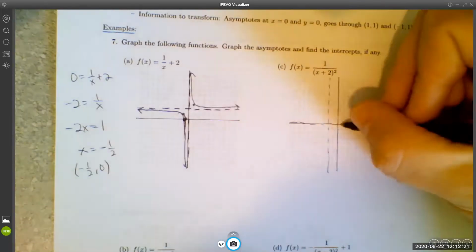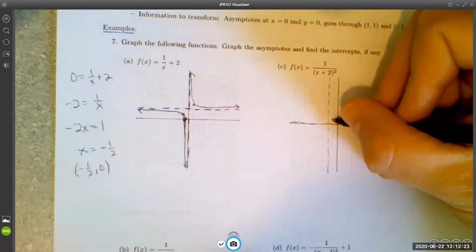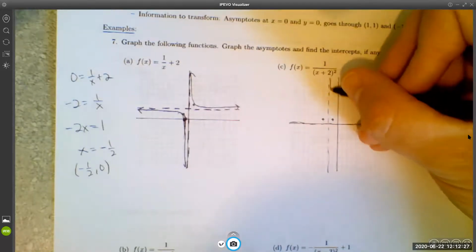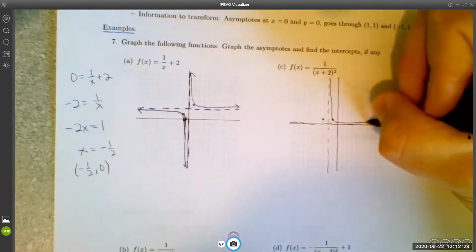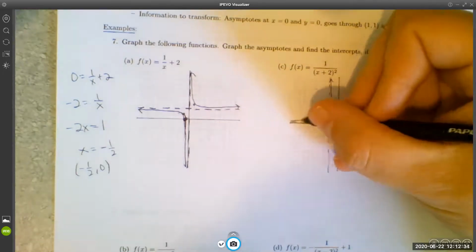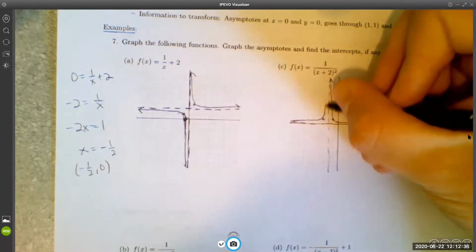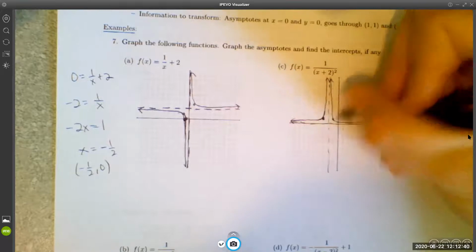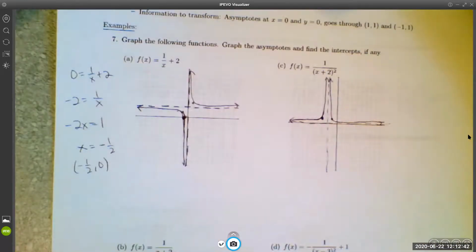But this time I have the point 1, 1 and -1, 1 on there. And the function looks like a mirror image across this asymptote. Kind of hard to do a super accurate job by hand, but that's what that function looks like.